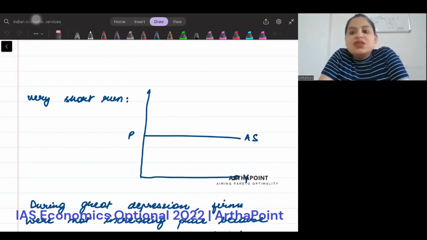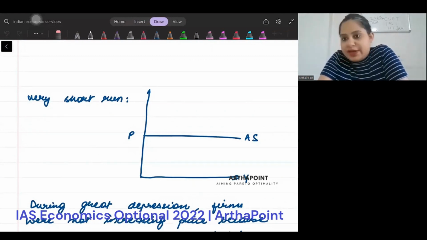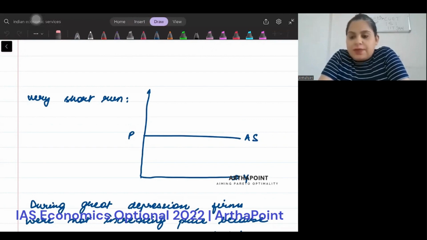The first reason is that the AS is elastic. You are willing to supply any amount of quantity at the given price. एक given price पे हम कितना भी बेचने को ready हैं. So, sorry, not inelastic, perfectly elastic. We are willing to supply any quantity at the given price.